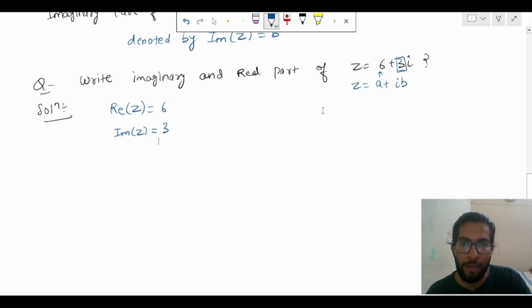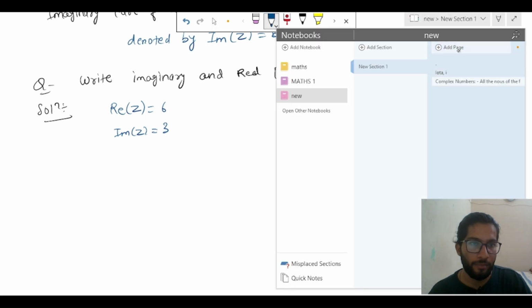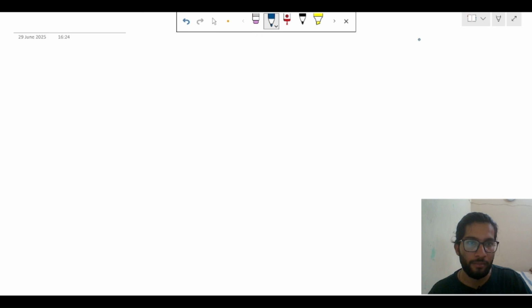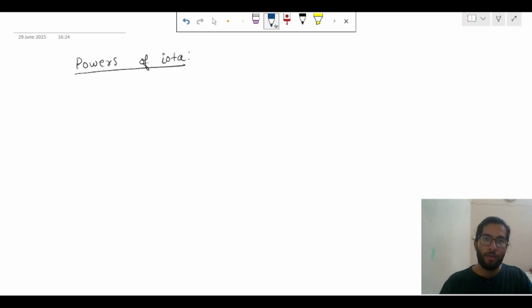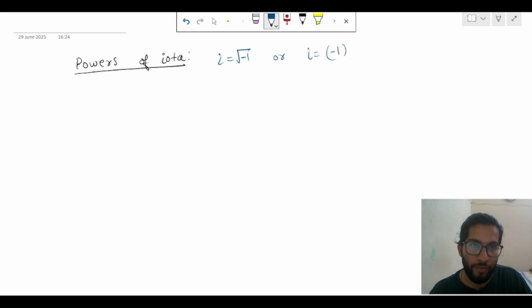Now after that we will do the powers of iota. Let me write again. Iota is equal to under root minus 1, or we can write iota is equal to minus 1 to power 1 by 2.